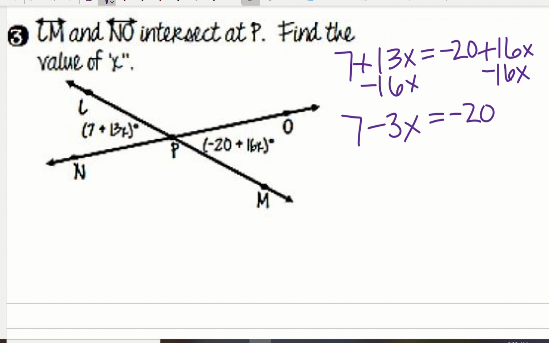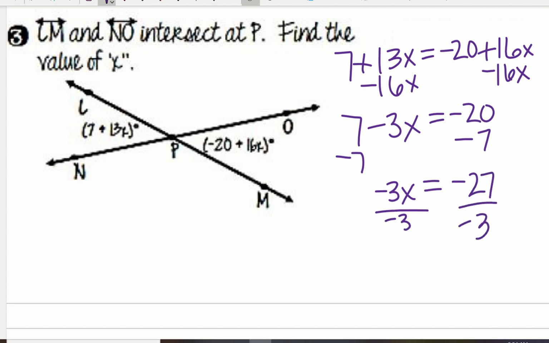And then what do I need to move? So 7. So minus 7 on both sides. Negative 3x equals negative 27. Divide by negative 3. So x is positive 9. Because it's a negative divided by a negative.